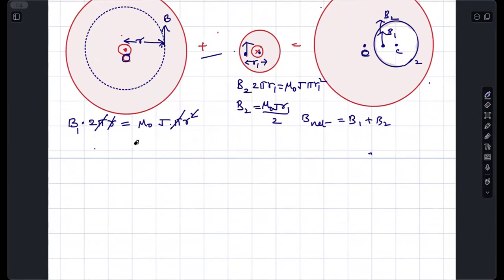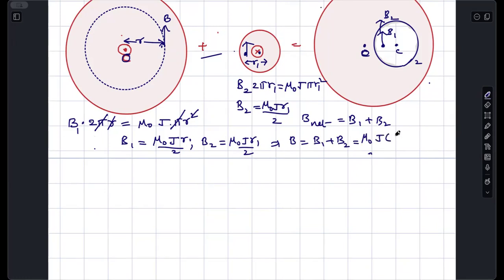Here clearly B1 is mu naught J R by 2. B2 is mu naught J R1 by 2. B is B1 plus B2, mu naught J times R plus R1 by 2. R plus R1 is nothing but D again.